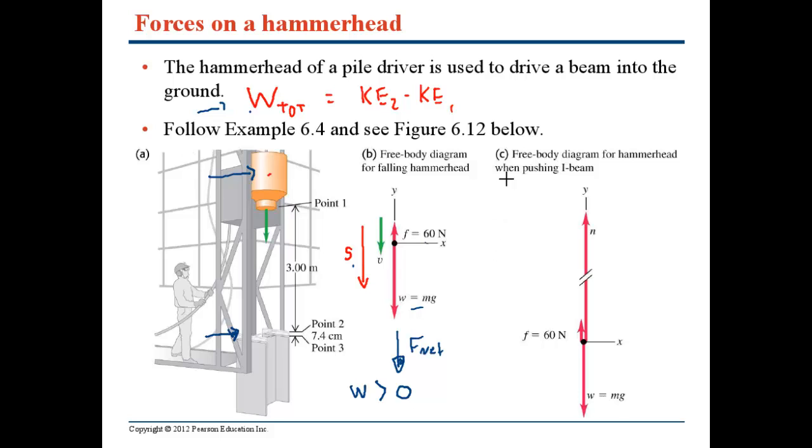If we consider what happens when the block hits the I-beam, then we're still going to use the work energy principle. Let us now draw our free body diagram for when the hammerhead is pushing on the I-beam. It still has its weight in the downwards direction.